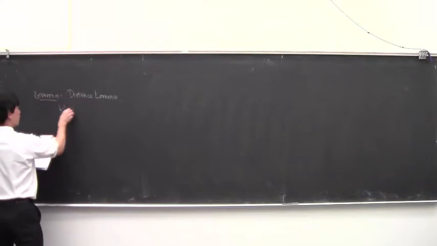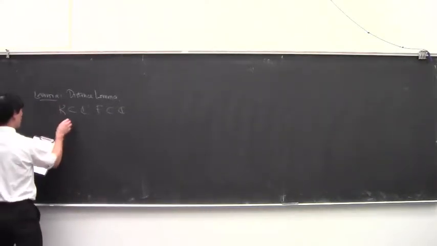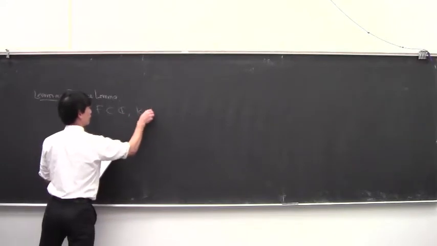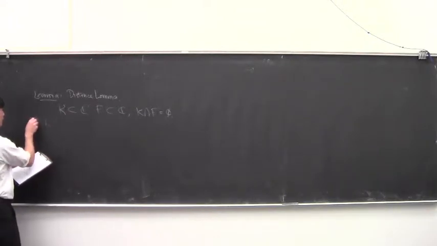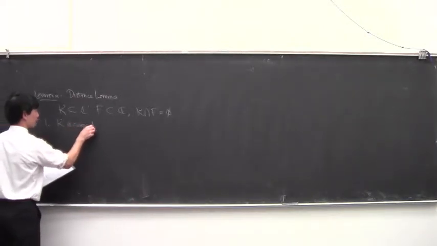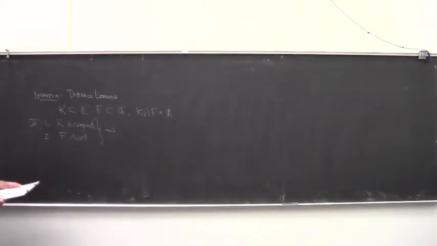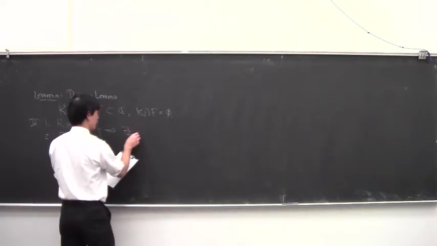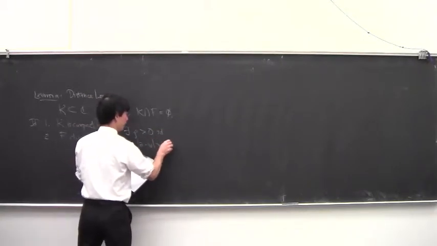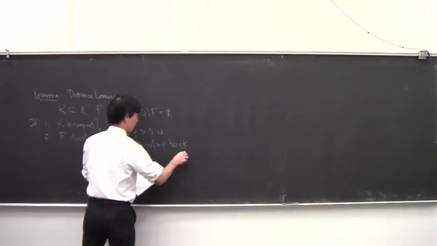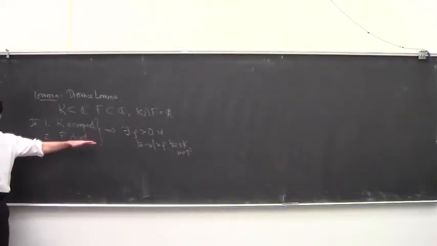If you have K and F subsets of C, and the intersection of K with F is empty, so you have disjoint sets, and if one is compact and the other is closed, then there exists some positive number rho such that |z - w| is greater than rho for all z in K and all w in F. So there exists an actual positive distance between the sets.